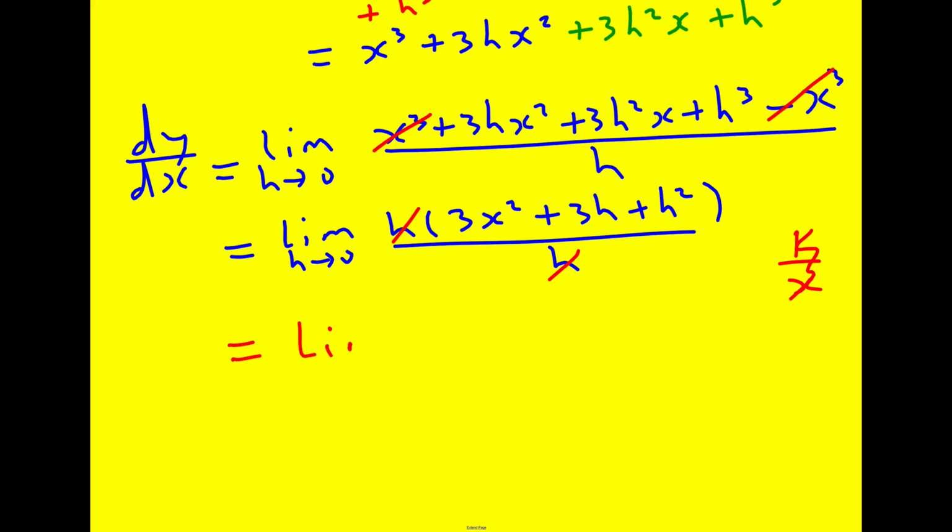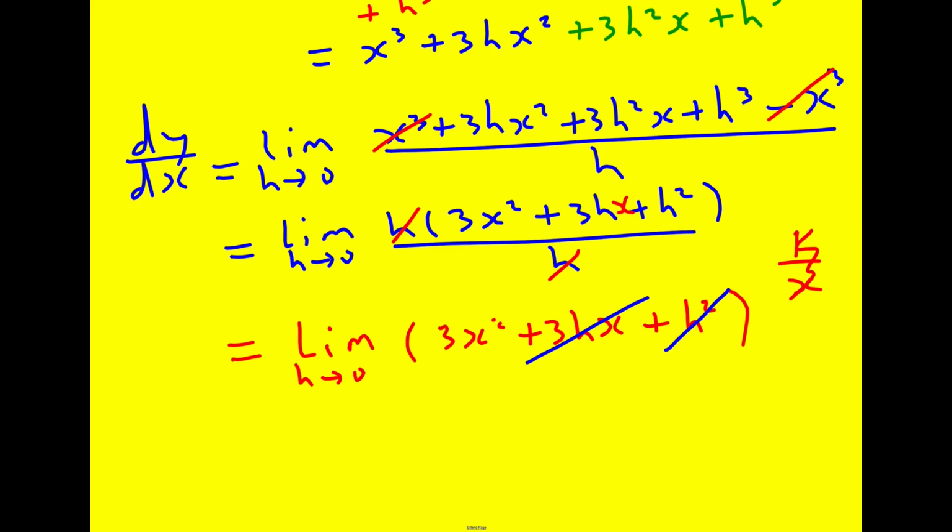And now I'm basically there. I've got the limit as h tends to 0 of 3x squared plus 3hx, sorry, I missed the x out there, plus h squared. Now what's going to happen as h tends to 0? This is going to go, because I can make it as small as I want. It doesn't matter, x has got a particular value, so when h tends to 0, this is going to go.